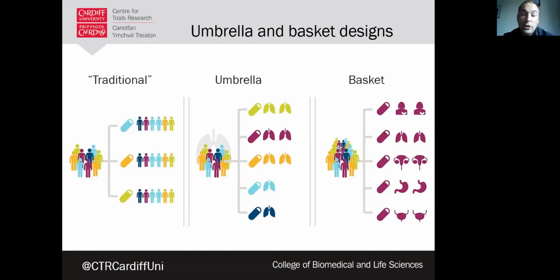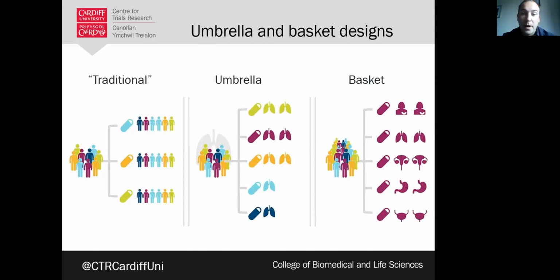But what is common to all these cancers is that they have the same underlying genetic mutation or molecular target, which means at the end of the day for a chemotherapy drug, it doesn't really matter where the tumor sits, as long as the molecular target is similar.